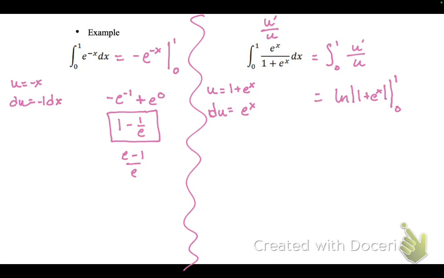Okay, so plug in 1, right? So the natural log of 1 plus e to the first minus the natural log of 1 plus e to the 0. So the natural log of 1 plus e minus what?